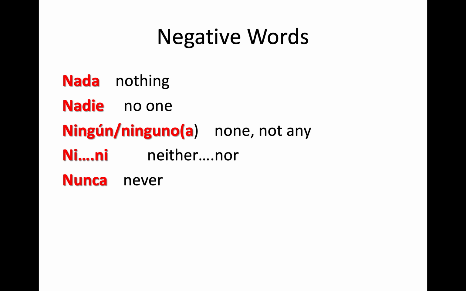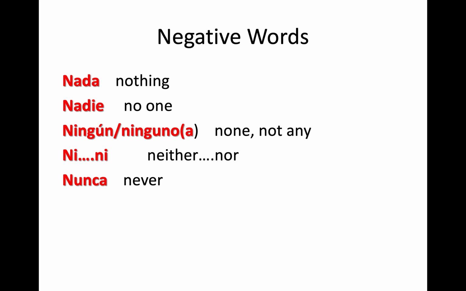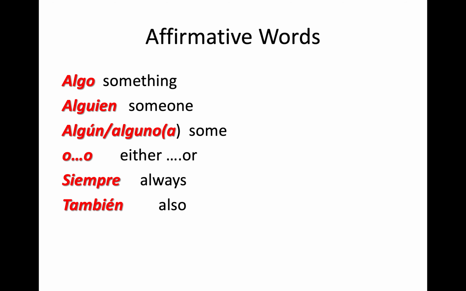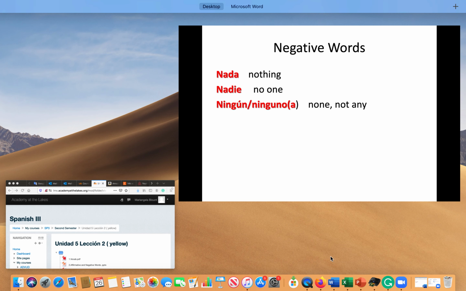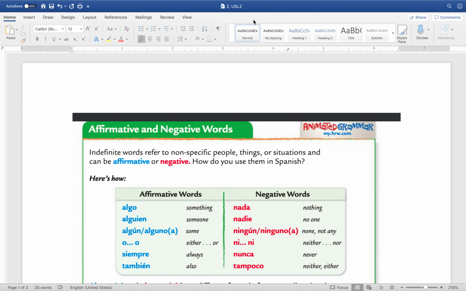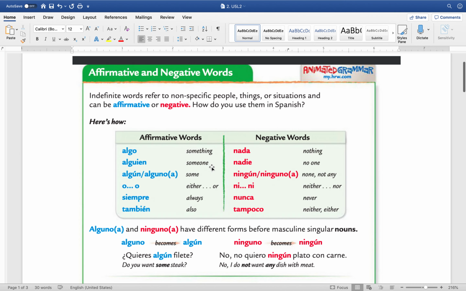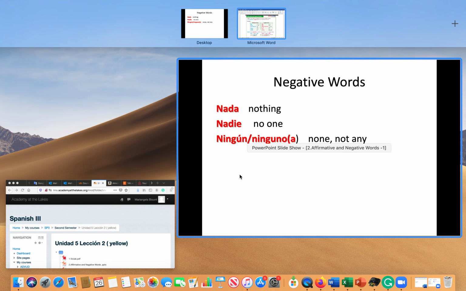Ni, nunca, tampoco, okay? All right, so we have the affirmative, and you have the negative, and you also have all that in one paper right here. You have all the words right here, see? So you can see it better this way.